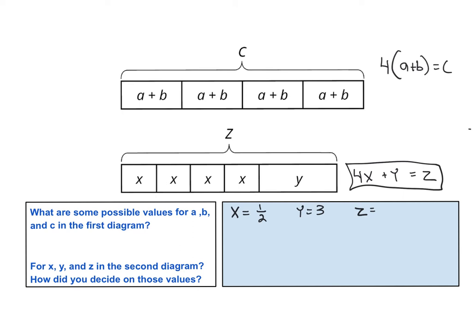So instead of 4 x's, I'm going to say 4 times 1/2, and instead of y, I'm going to say plus 3, and that's all going to equal z. Then I can simplify that. 4 times 1/2 is 2, plus 3 equals z, which means that 5 equals z.